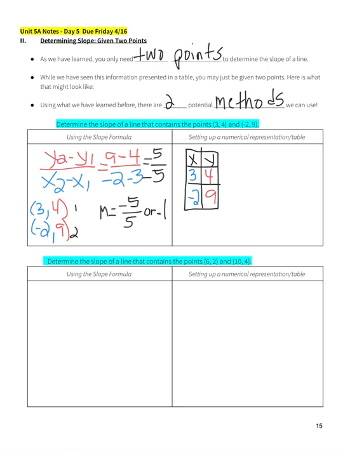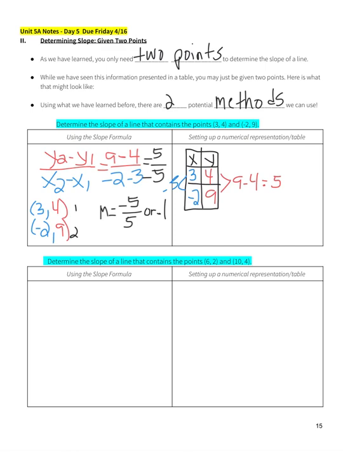Okay, now that I've set up my table, I go ahead and find the pattern, determine what the change is. So you have this right here, 9 minus 4 is 5. And on this side, we have 3 minus negative 2, and that is negative 5.